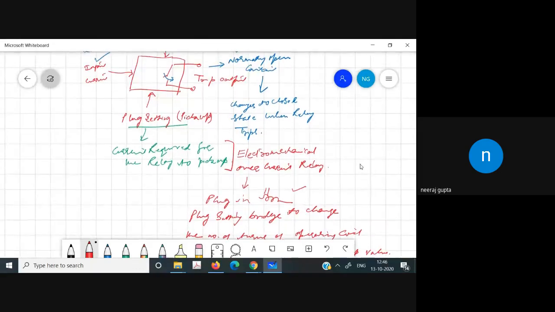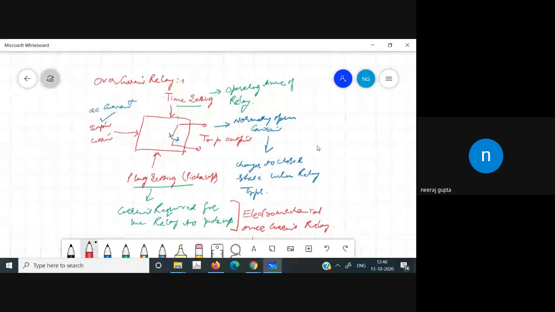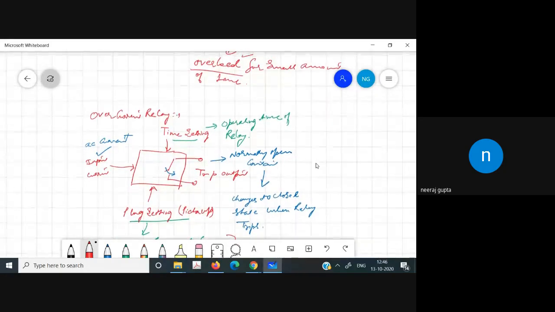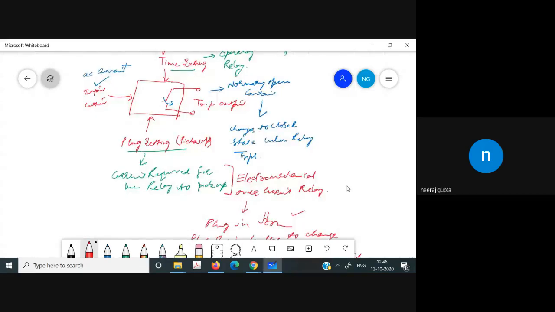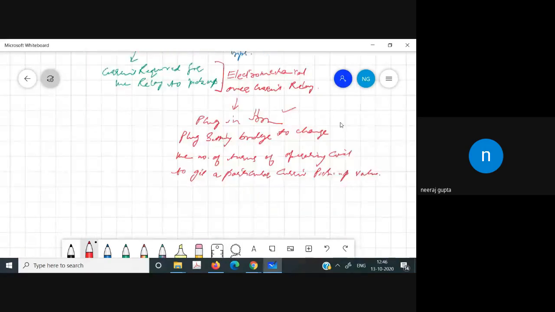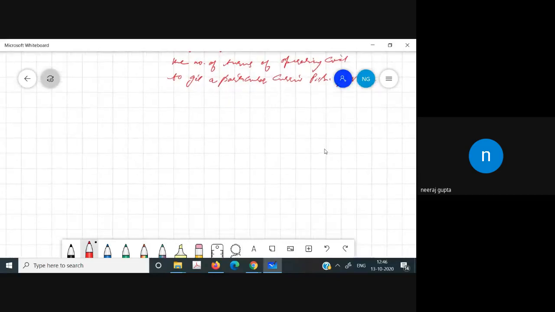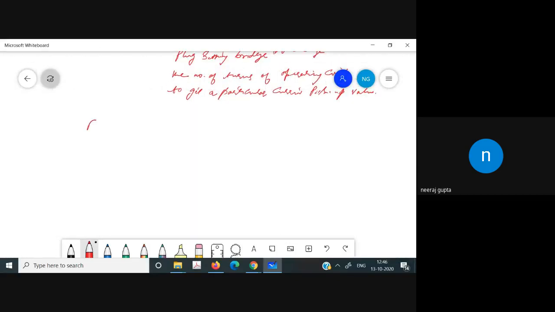Now one terminology is used with the block diagram, that is the plug setting multiplier.